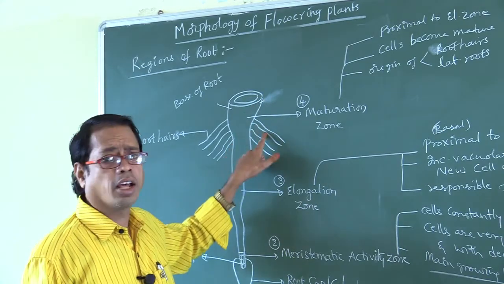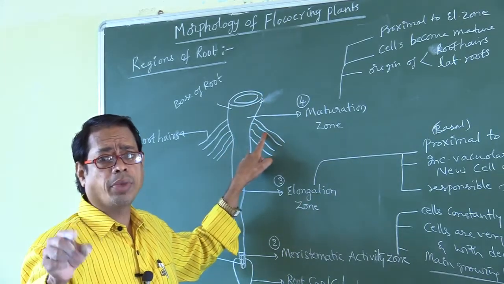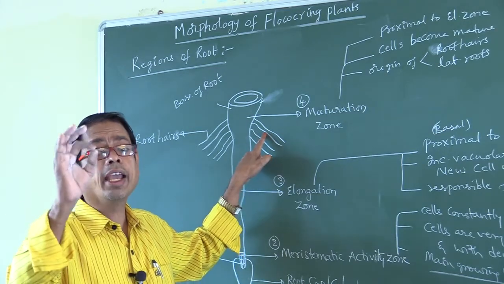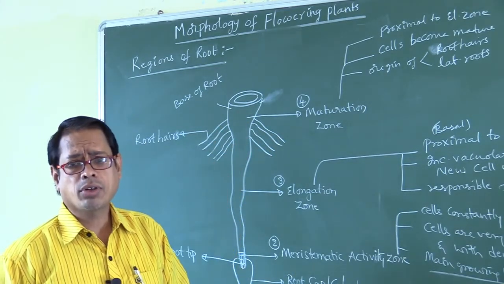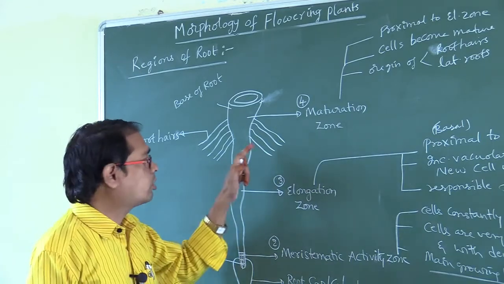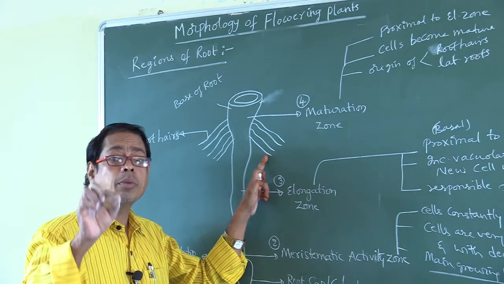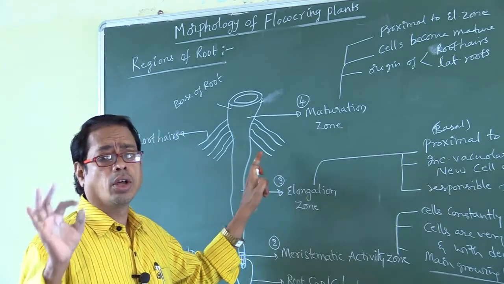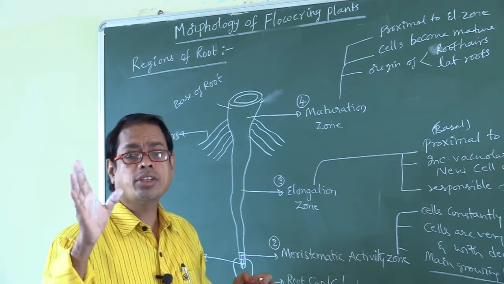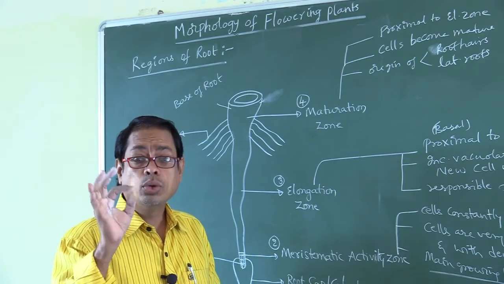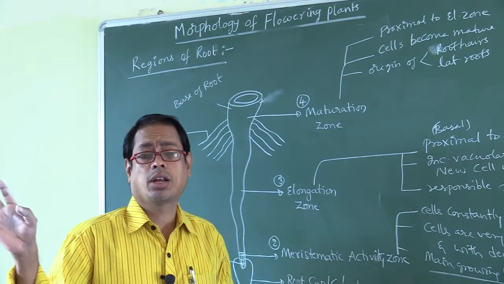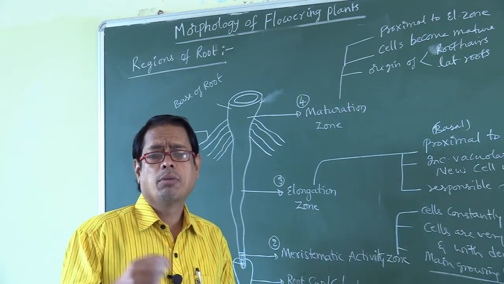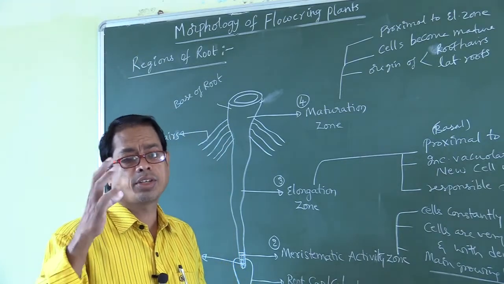Root hairs are exogenous in origin because these are derived from the peripheral part of the root called the epidermis. That's why root hairs are exogenous. Root hairs are unicellular. Don't say multicellular. These root hairs are useful to absorb water from the soil by a process called osmosis.